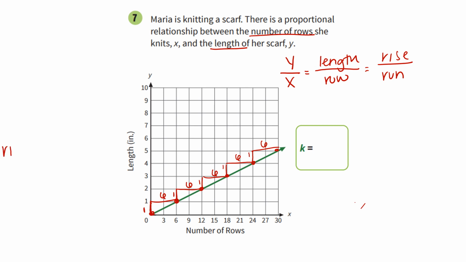Our rise number becomes the 1 inch. The run number becomes the 6 rows. And then we divide. 1/6 is going to give us a decimal answer.